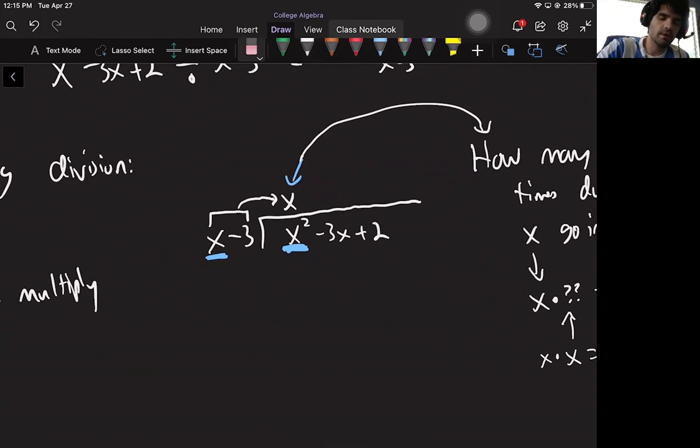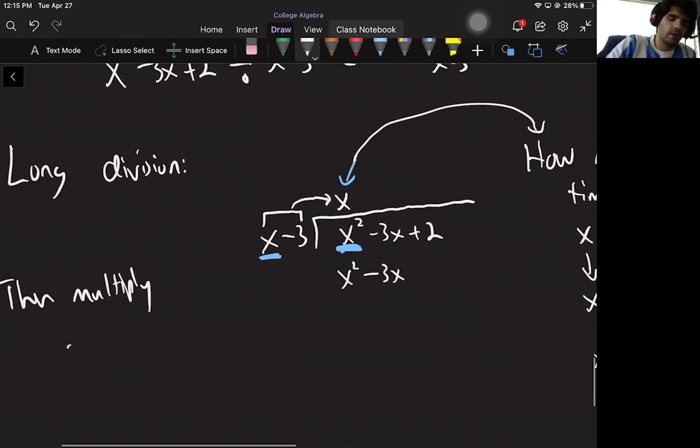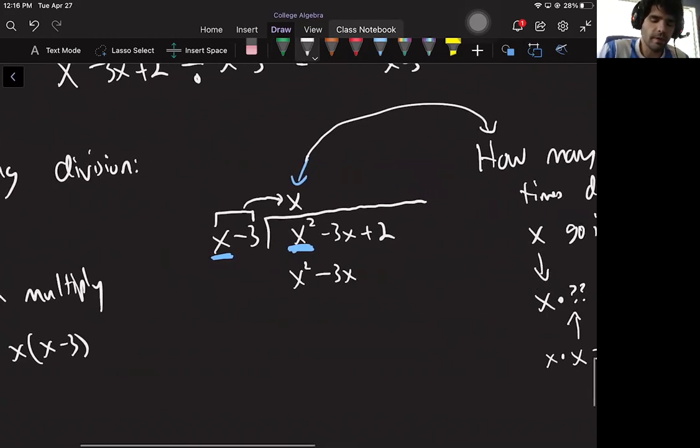Okay, so I have to do x times x is x squared, and x times -3 is -3x. So I'm distributing by doing x times x minus 3, and that's going there. And then in the number example we subtracted, we're still going to do that here. We're going to subtract the whole thing, so you got to have parentheses around the whole thing.